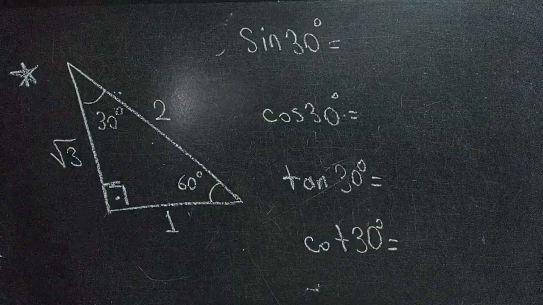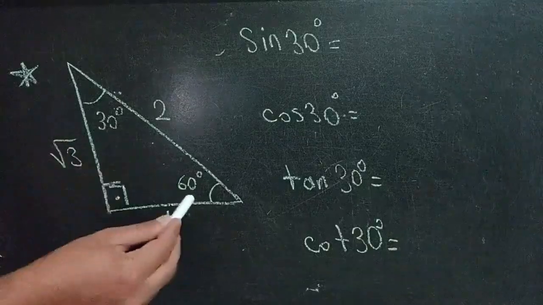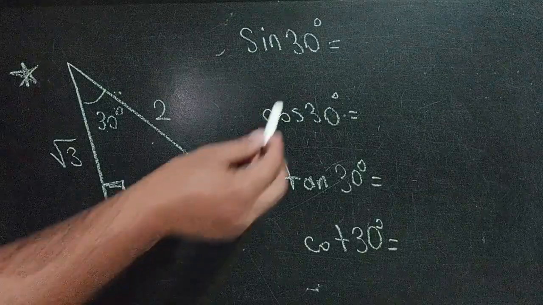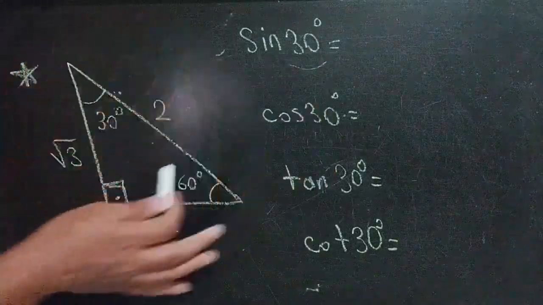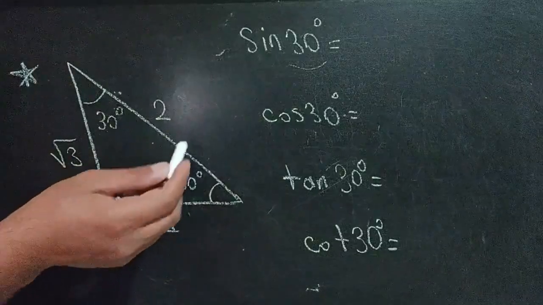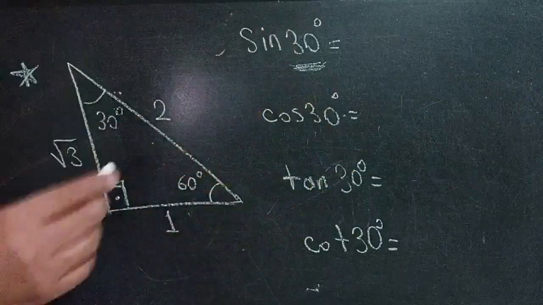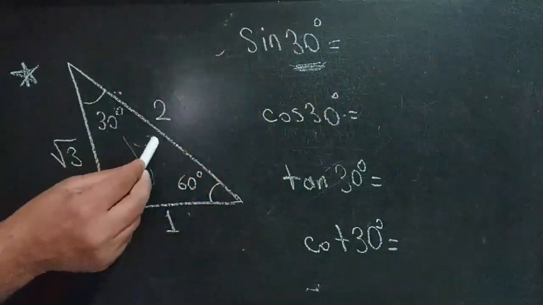So now my angles are given there: 30 degrees, 60 degrees, 90 degrees, and I want to show you 30 degrees first. So according to this triangle, sine 30 degrees is going to be opposite over hypotenuse.